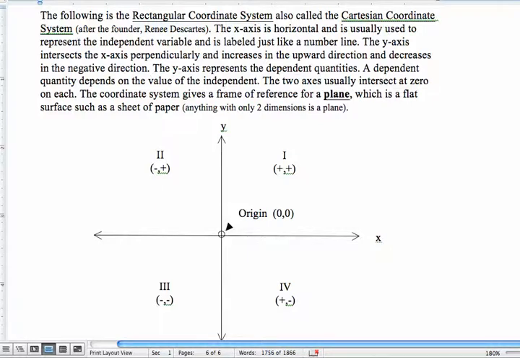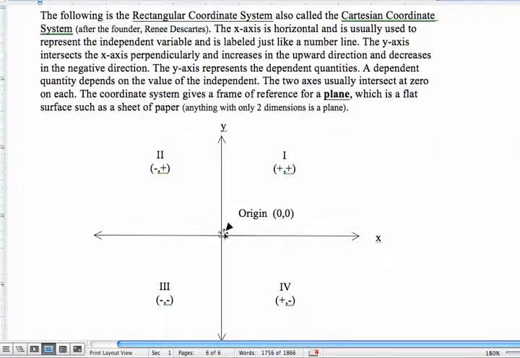When we look at these axes, there will be coordinates associated with each of the points on this, and these coordinates are going to be labeled just like a number line. So the coordinates go positive as we go further and further right, and at 0 they start going negative as we go further and further left.